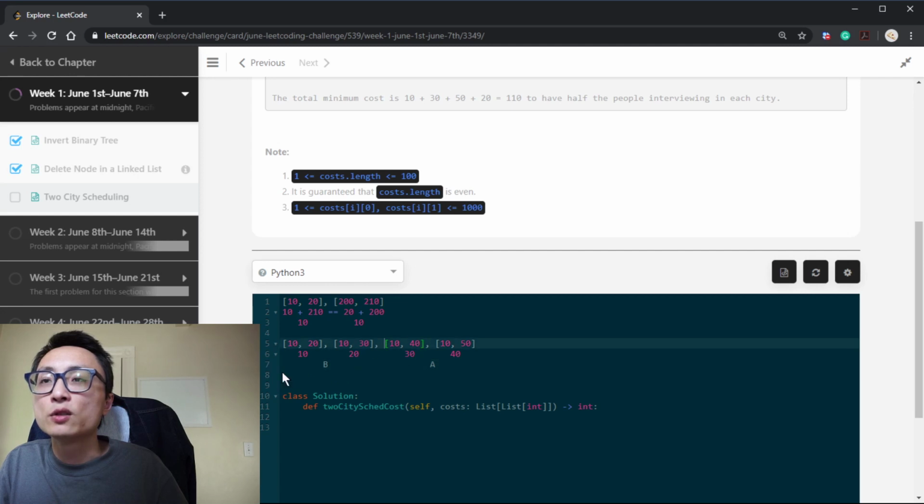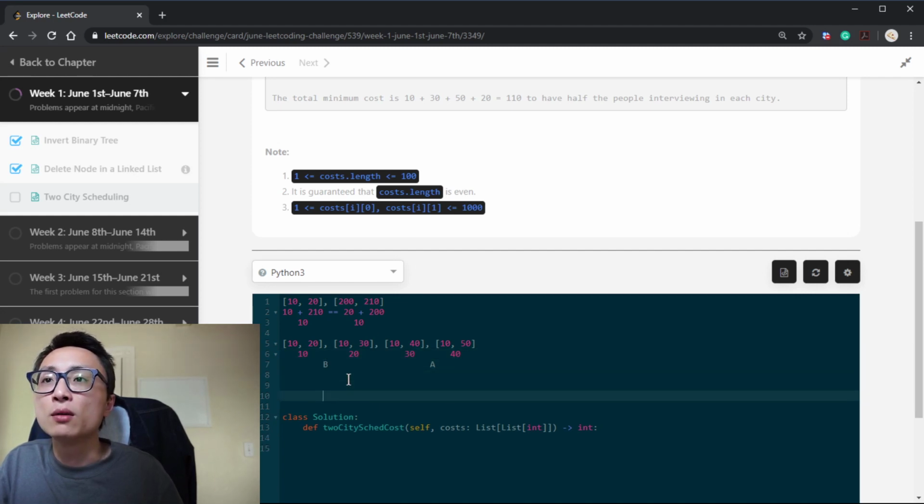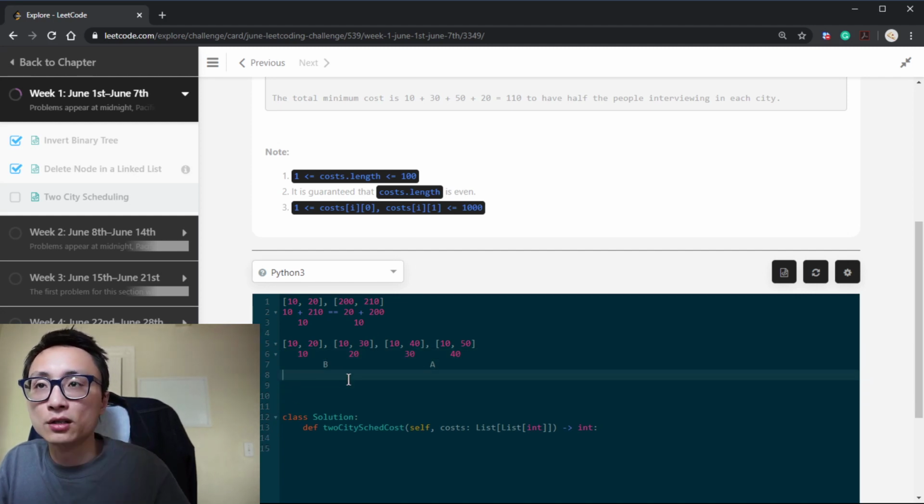So looking at this, we can see if we sort by the difference, we can just chop the sorted array into 2 halves, and send the first half to one of the cities, the one that saves the most, and send the other half of people to the other city. Just eyeballing this, the optimal here is 20 plus 30 plus 10 plus 10. Let's say that we swap the middle 2 people.